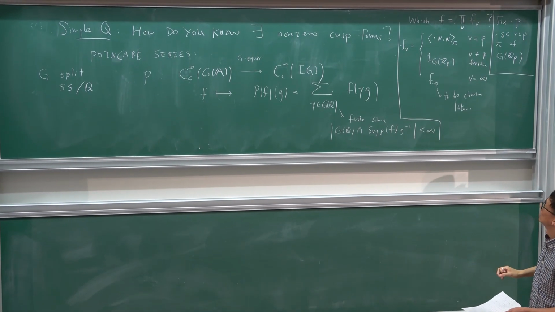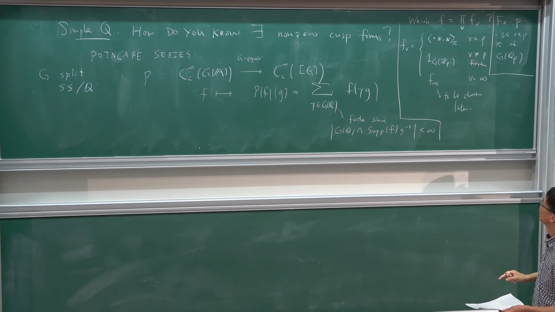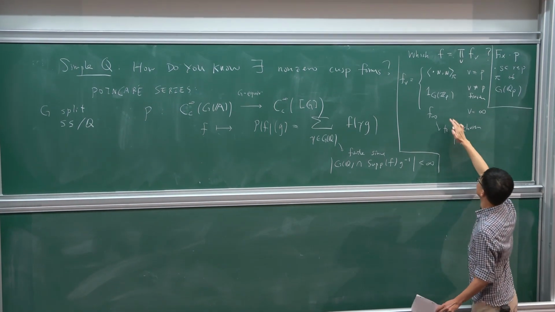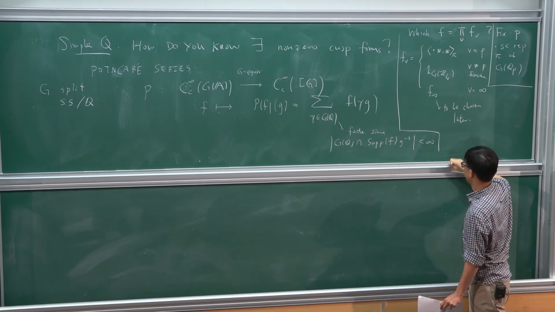Sorry? You mean f_v is the second line? Yes, correct. Sorry.